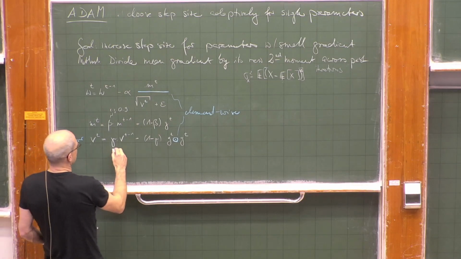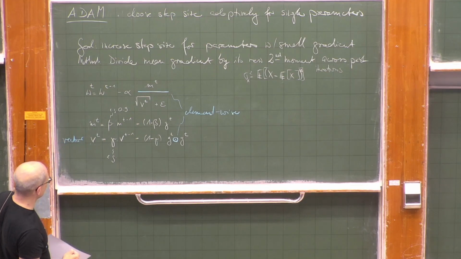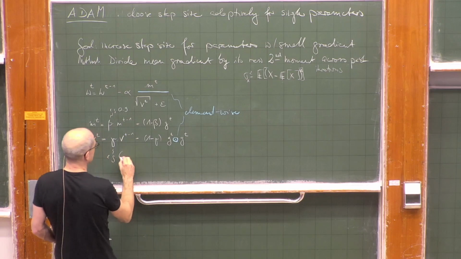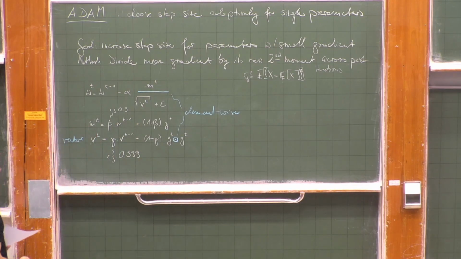Okay, this parameter gamma is normally chosen to be much larger still, so maybe 0.999. So there is a lot of smoothing going on here.